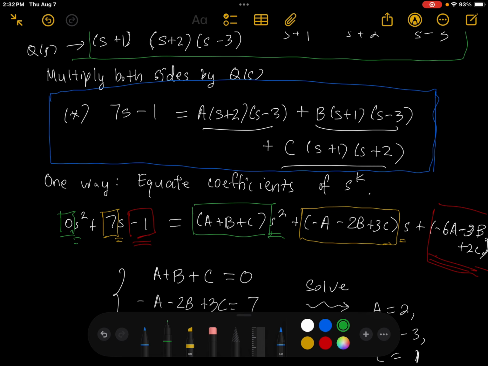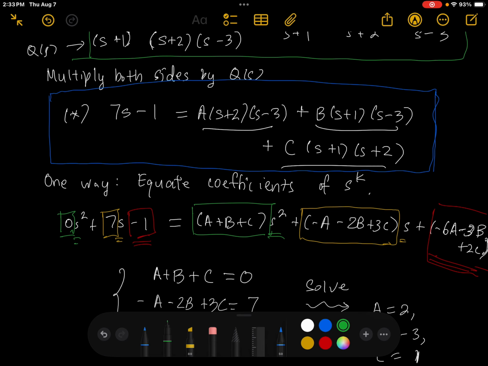Well, the idea is to plug in specific values of S that will allow you to solve for A, B, and C. So can you see a value of S so that when you plug it in, the right-hand side simplifies a lot? There are a few values. You can plug in negative 2.